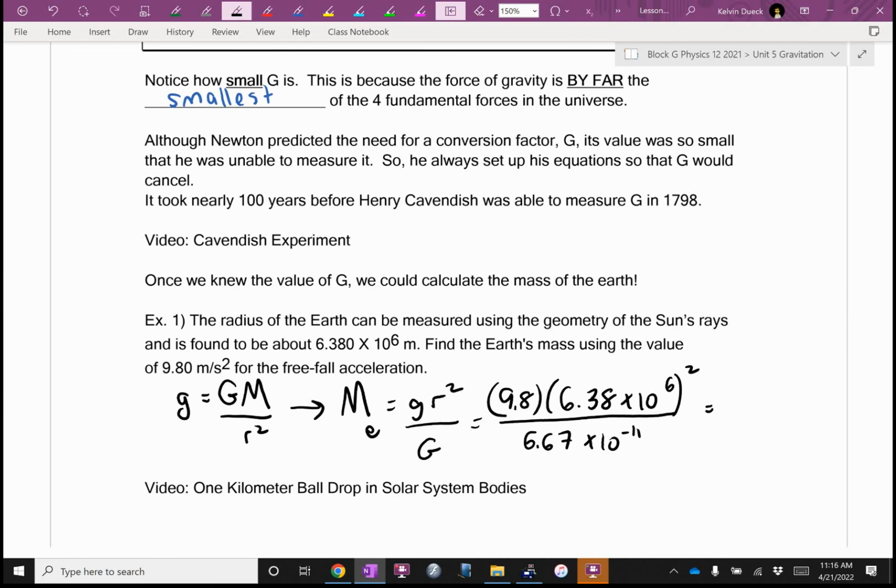Think you made a typo if you didn't get that. Should be 5.98 times 10 to the 24th. Double check to make sure you did 6.67. Didn't miss a decimal there. Times 10 to the negative 11. It's 5.98 times 10 to the 24th, yes? That, which is the mass of the Earth.